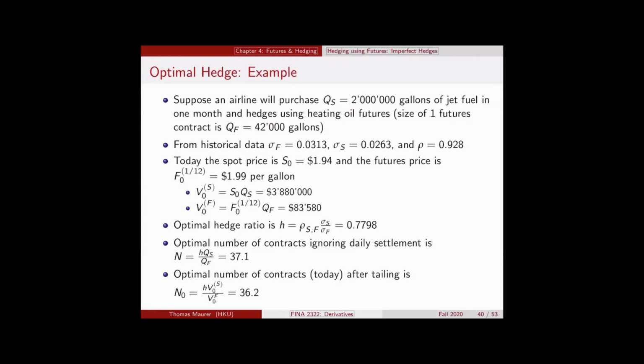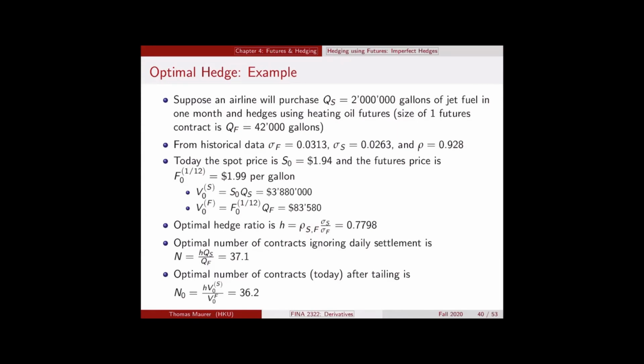Similarly, one heating oil futures contract is written on 42,000 gallons, and therefore we multiply that by $1.99 per gallon, which gives us $83,580 per futures contract.